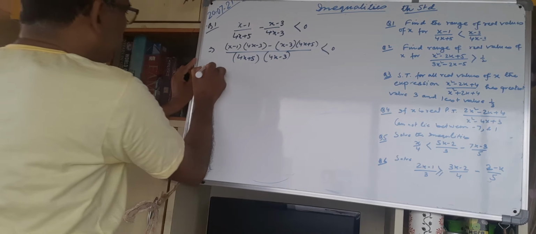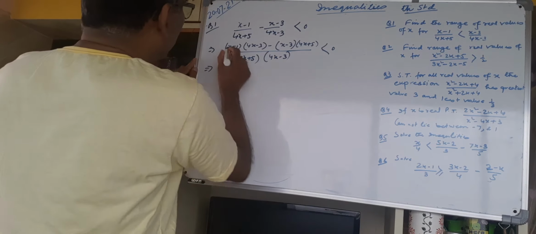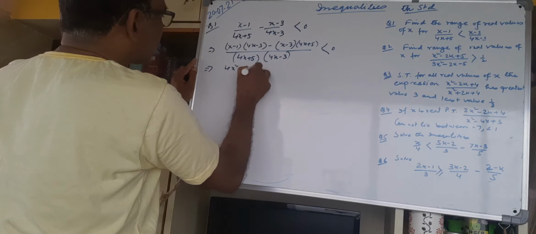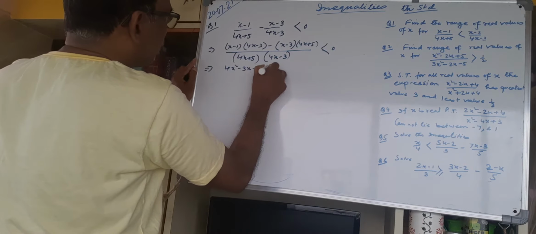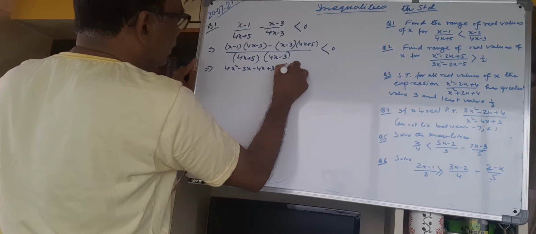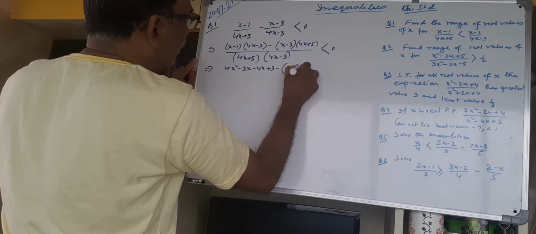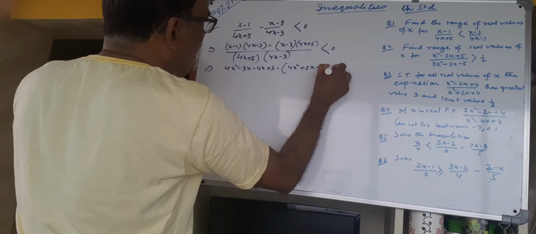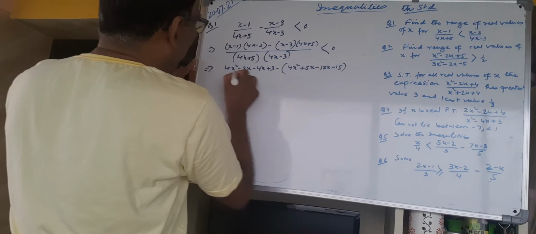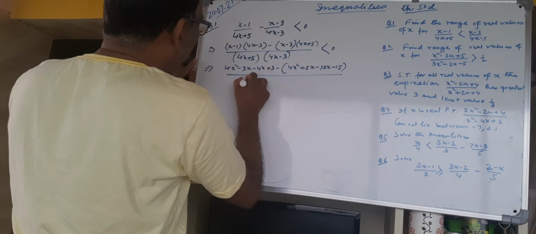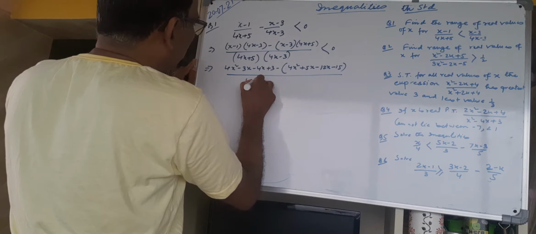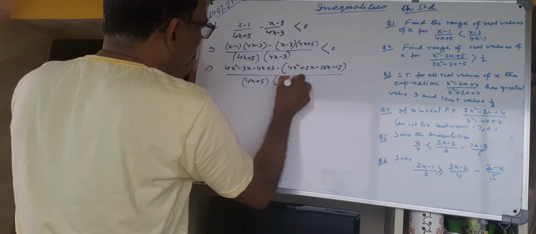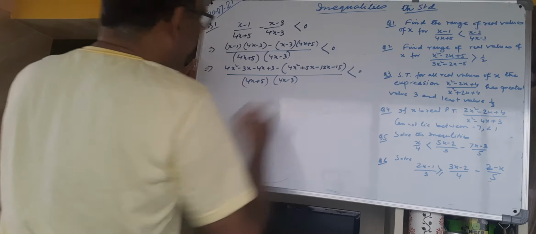Multiplying, 4x square minus 3x minus 4x plus 3 minus 4x square plus 5x minus 12x minus 15 over (4x plus 5)(4x minus 3) less than 0.